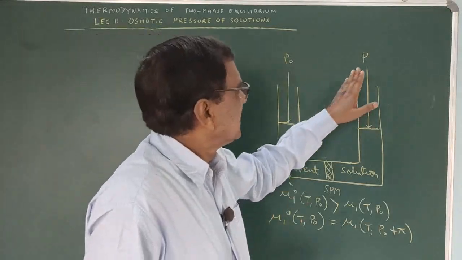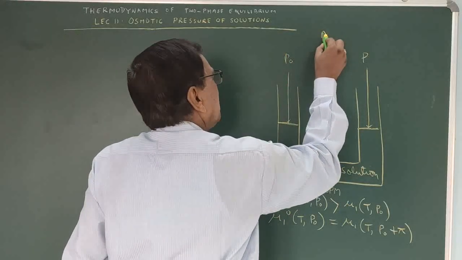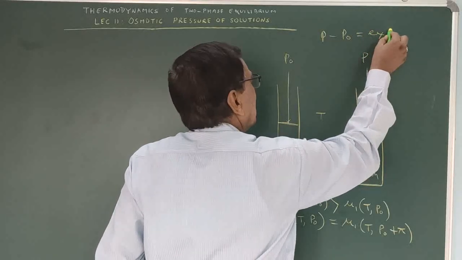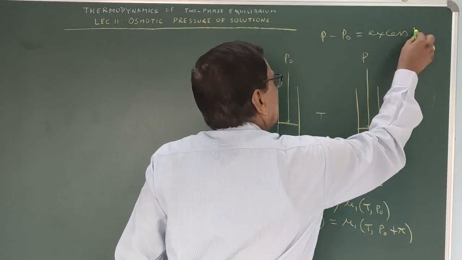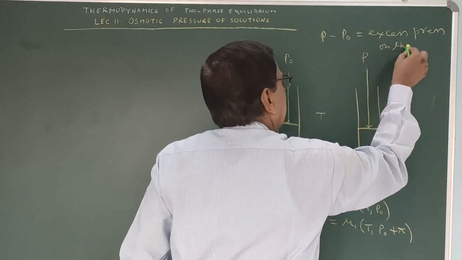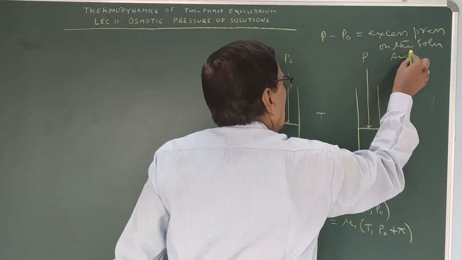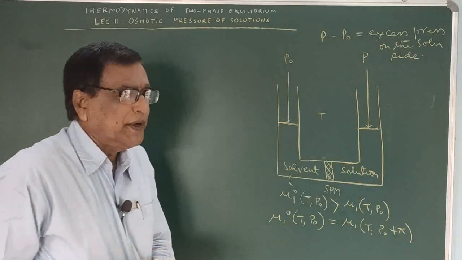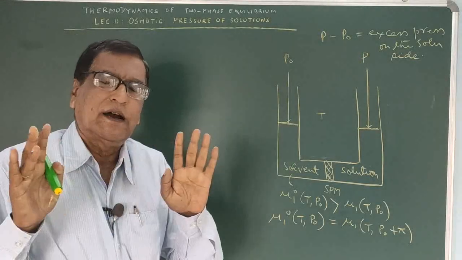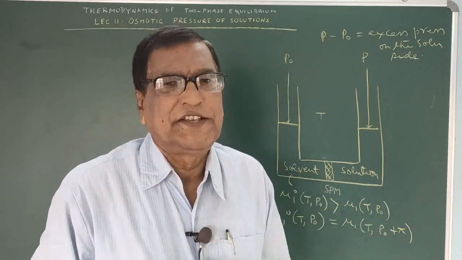P minus P naught is the excess pressure on the solution side. Depending on the value of P, there are three different cases that may arise.